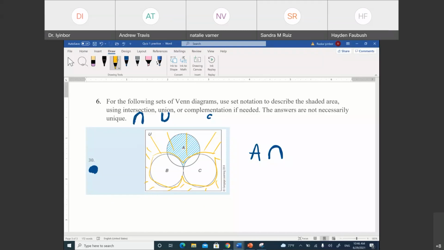I mean, it's going to be the outside of B and outside of C, right? So you can write B^c and C^c, right? Outside of B, outside of C.